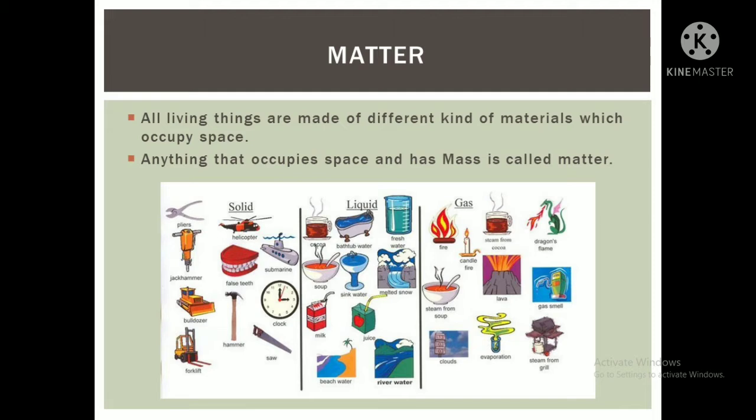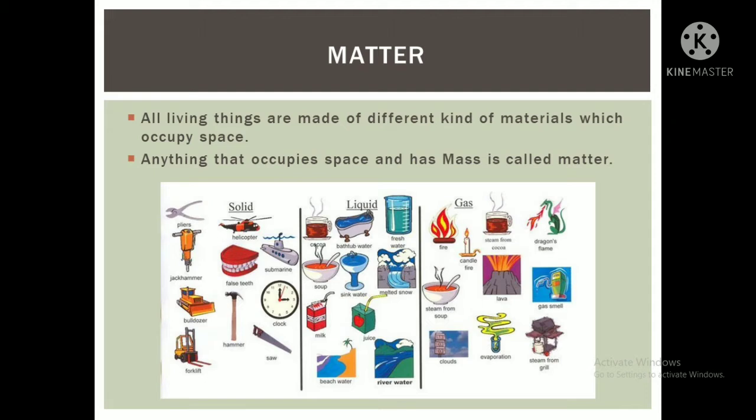Here are some examples I have shown you of solid, liquid, and gas matter. Solid, what can you say here? Many things are around you: some pillars, false teeth, hammer, etc. Liquid: like bathtub water, tea, ocean, river water, juice, these all are liquid.